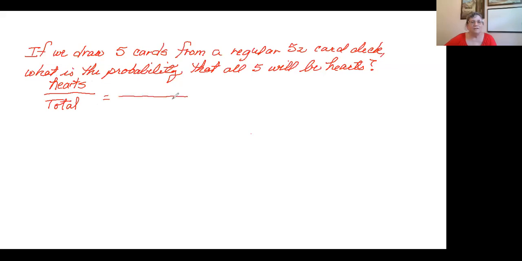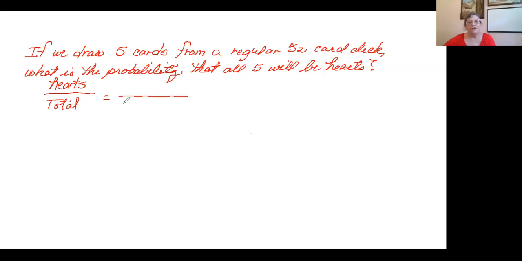In this case, when you draw one card, you no longer have 52 cards to draw from. When you draw another card, you no longer have 51 cards to draw from. So the total space is how many ways we can draw 5 cards out of 52.